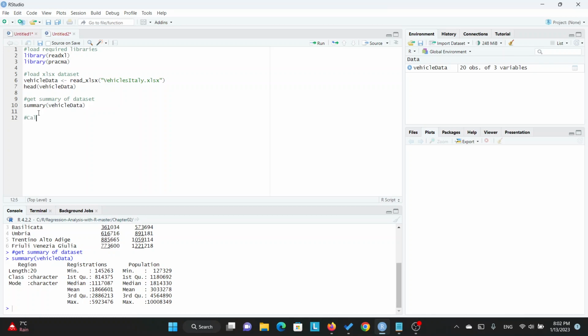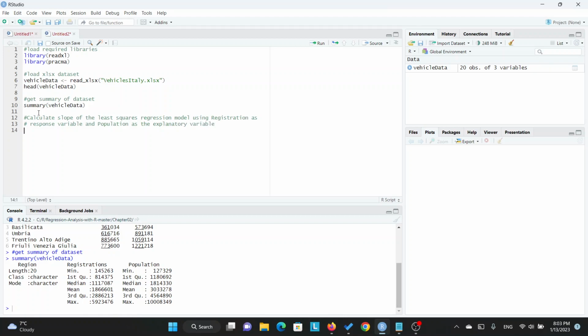So we'll write that down as a comment: calculate slope of the least squares regression model using registration as the response variable, and population as the explanatory variable.